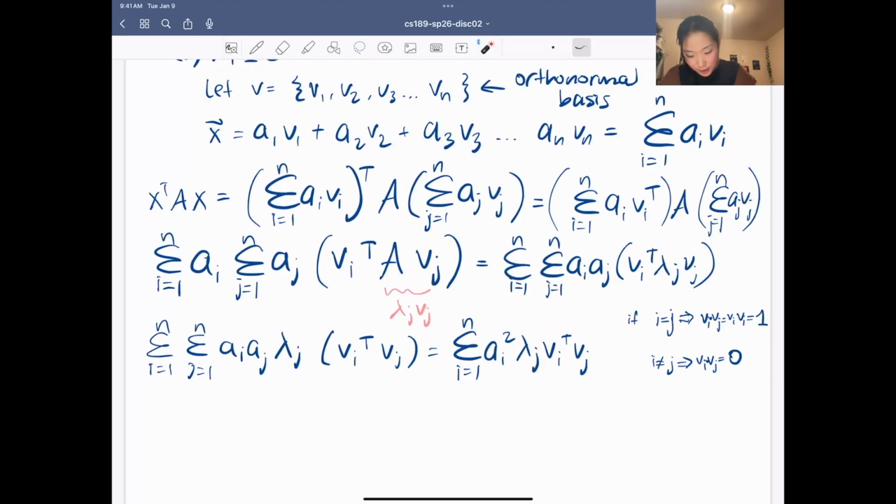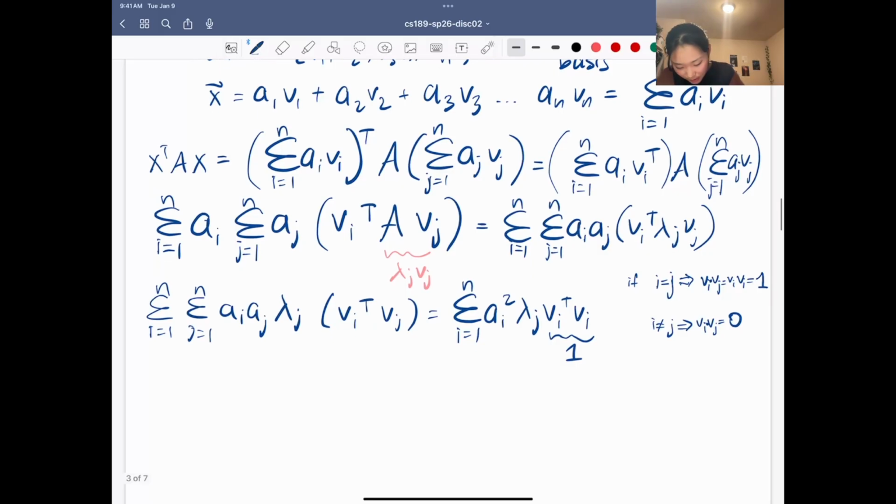Oh, I'm sorry, why did I write vj? This should be vi. But when we're dot producting the same vector, this is just 1, right? And so we end up with the summation of i equals 1 to n of ai squared times lambda j times 1, which is just lambda j.